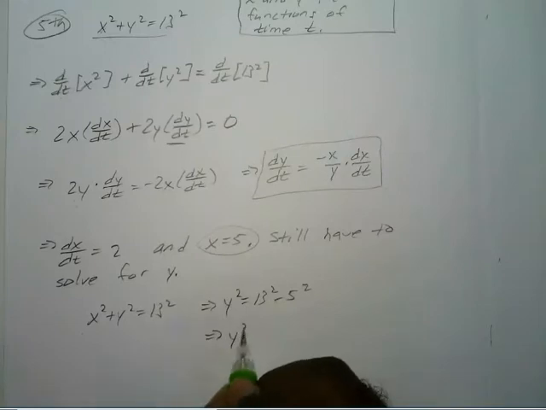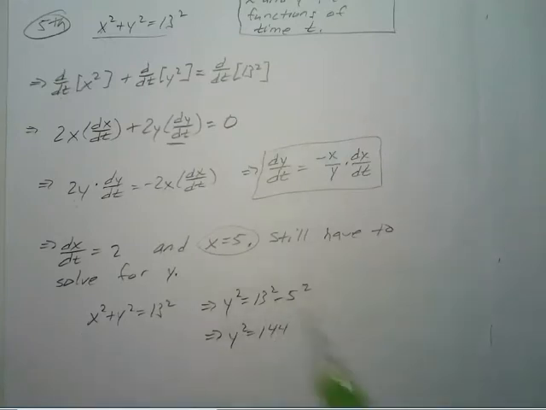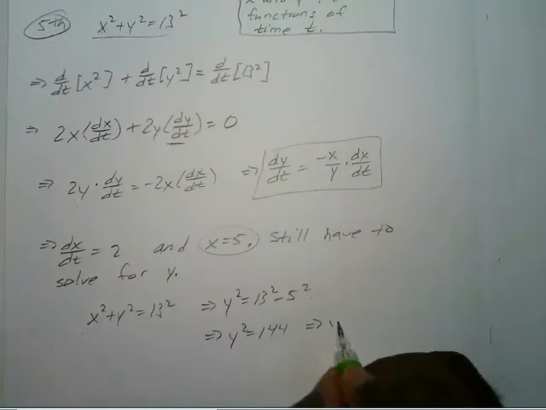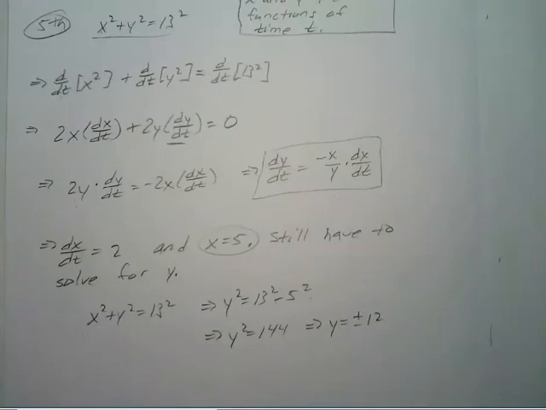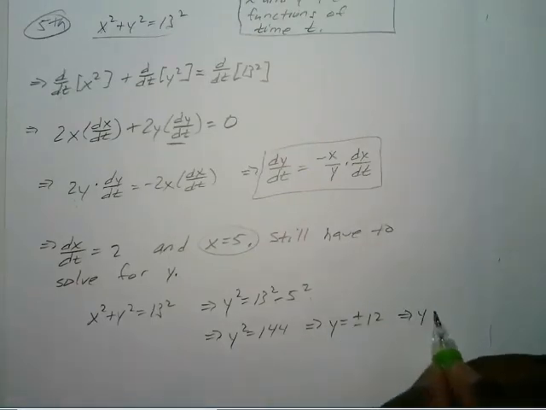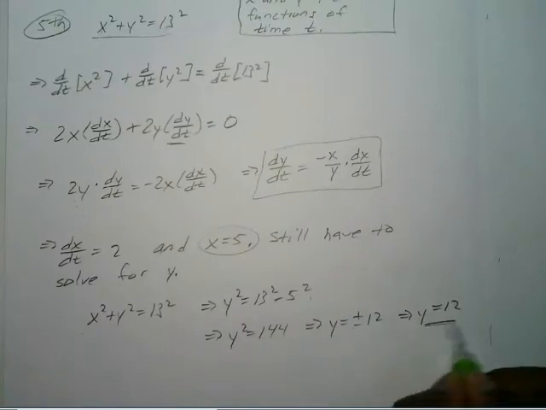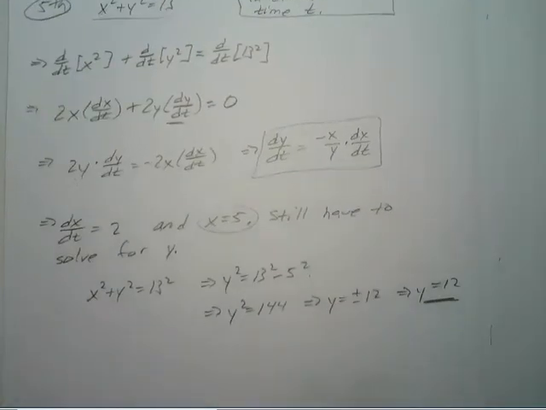So y squared equals 144, because it's 169 minus 25. So y is equal to positive or negative 12. We know our domain has to be greater than 0, so that means y is equal to 12. Alright, so that was pretty painless.